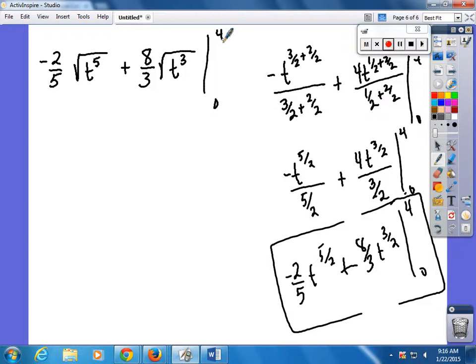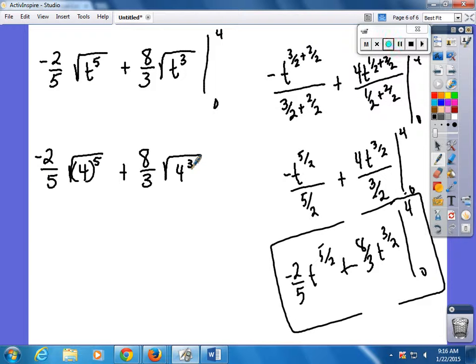Now, what does the 0 do? Takes out the second term, right? So, we don't have to worry about the 0. All we got to worry about is the 4. Negative 2 square root of 4 to the 5th plus 8/3 square root of 4 cubed.